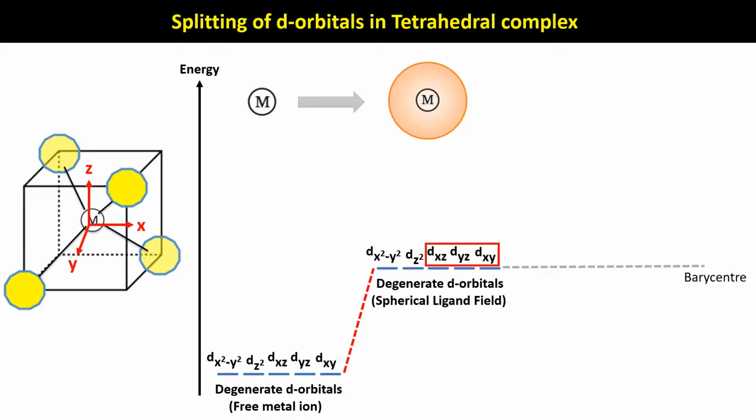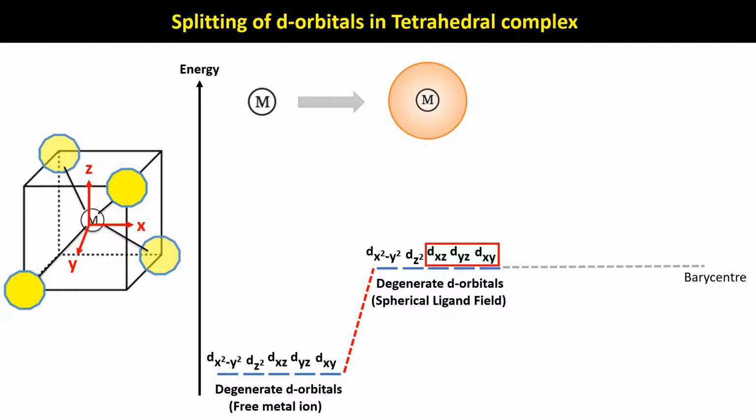We know that dx square minus y square and dz square orbitals are lying directly along the axis, whereas dxz, dyz, and dxy orbitals are lying in between the axes. In tetrahedral ligand environment, none of the 5 orbitals are directly pointed towards the ligand, but dxz, dyz, and dxy orbitals are nearer to the direction of ligand than the other two orbitals, that means dx square minus y square and dz square orbitals.